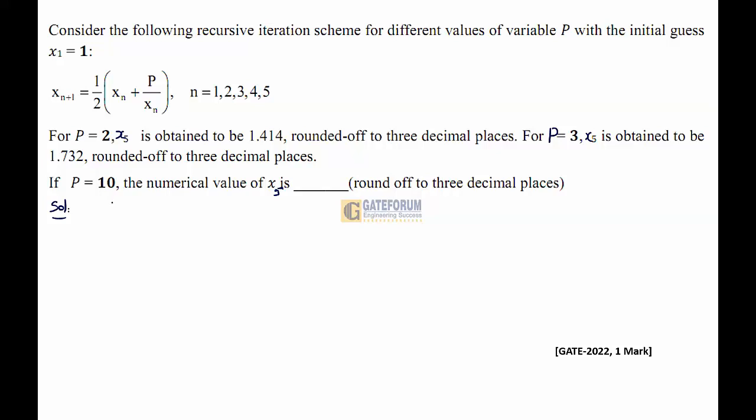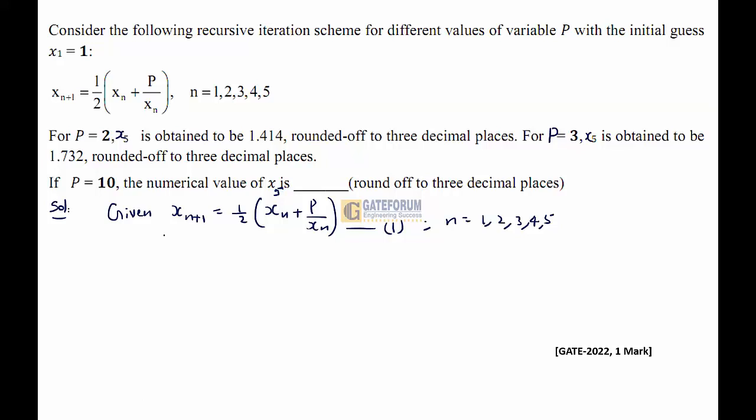Given xn plus 1 is equal to half times xn plus p by xn, this is the recursive iteration scheme, equation 1, with n values 1, 2, 3, 4, 5.